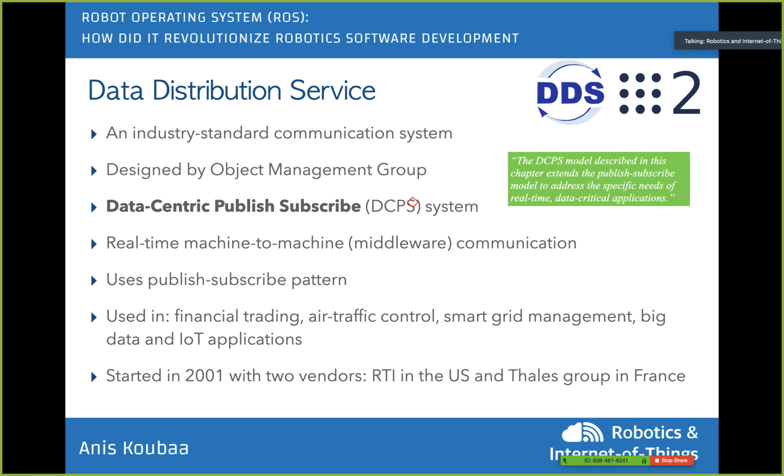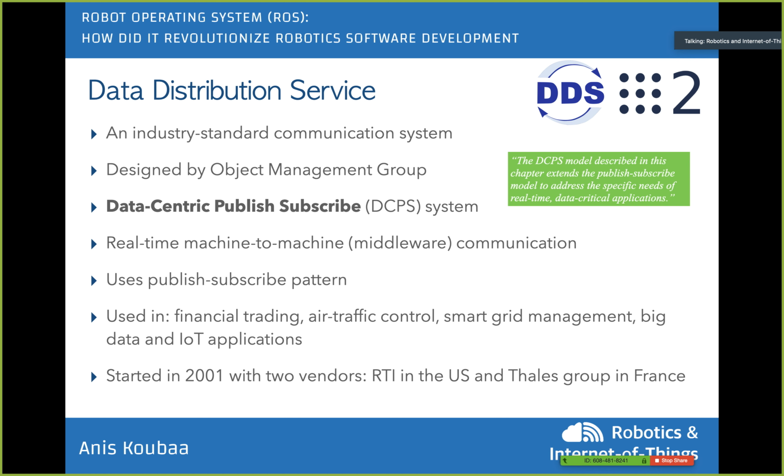It is a data-centric publish-subscribe system, so it basically shares some common features with ROS in the sense that it provides publisher and subscriber mechanisms. It provides real-time machine-to-machine communication, and it is used in different application contexts, like financial trading, air traffic control, smart grid management, big data, and IoT applications.